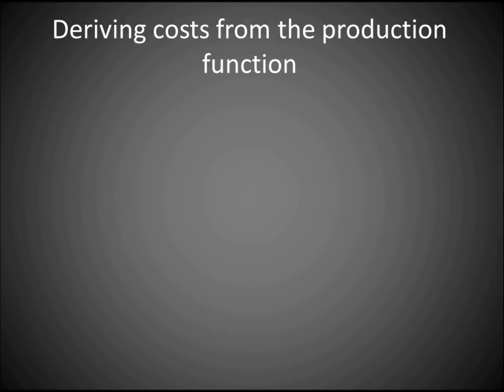So we talked about production functions earlier, and now what we're going to do is take a look at how production functions basically are underlying all of the cost functions that we might work with.